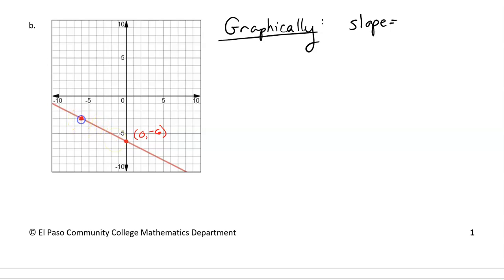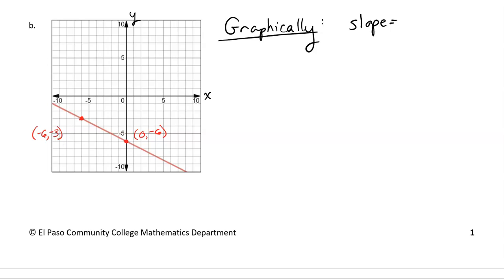That looks pretty right on the crosshairs of my grid here, my Cartesian plane. So let's see about the ordered pairs for that point. That looks to be -6 in the x direction and -3 in the y direction. Okay, so we have our ordered pairs.